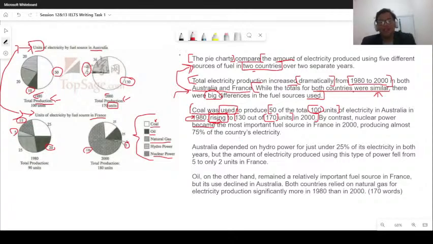Now, if you take a look at the first paragraph, "the pie charts compare." This is present. So this is just a reminder yet again that the first paragraph must be in present simple tense.